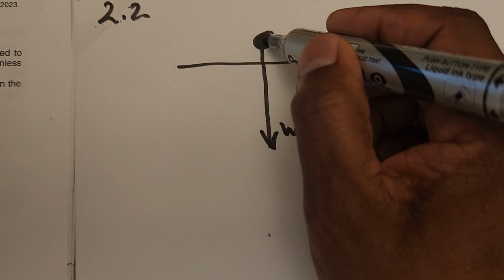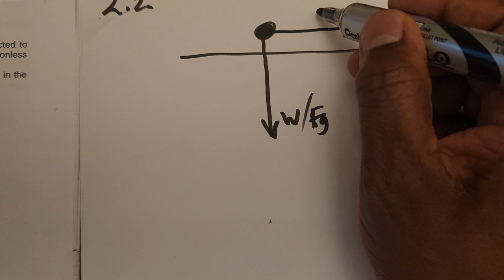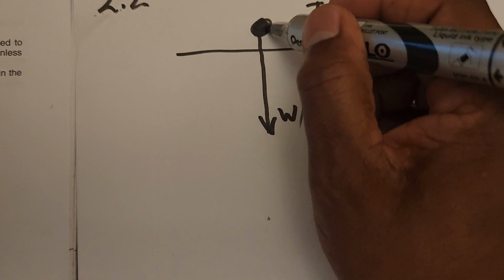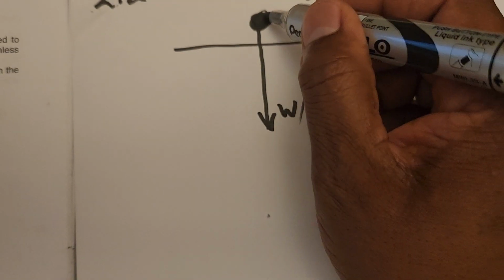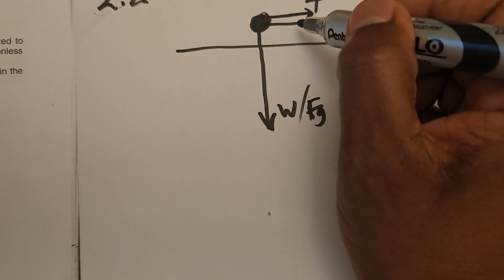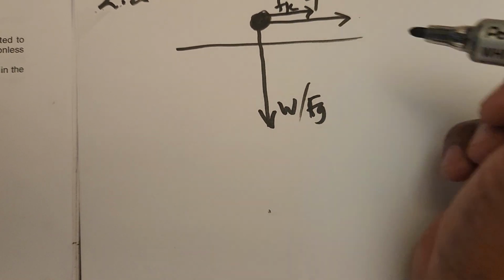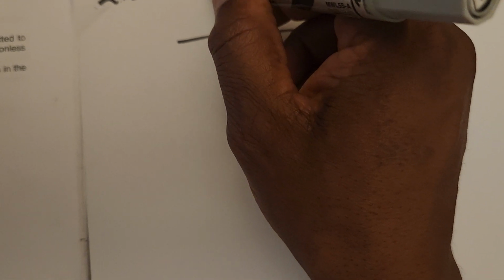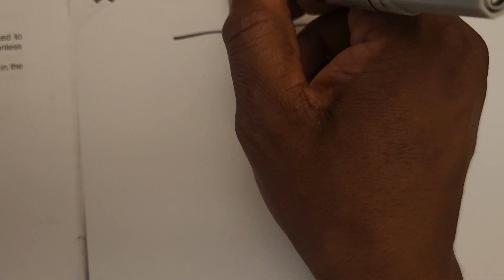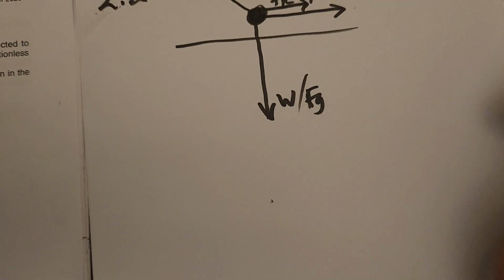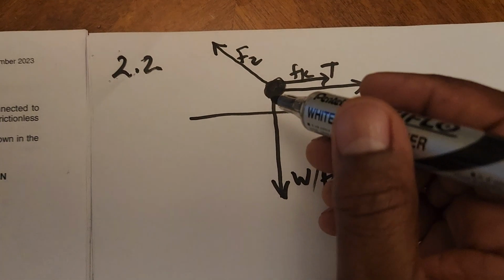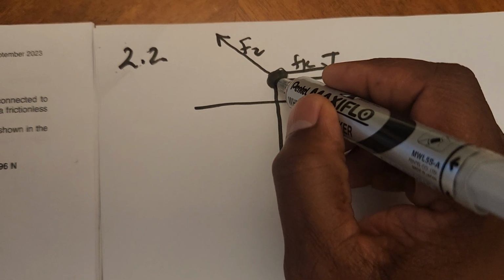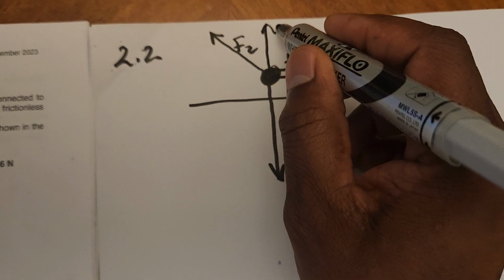There's a rope, then this will be the tension. Again, the system is moving to the left, then there will also be friction. Friction will be this as well. And then the other one is given. We are given F2, or you can write 75 Newton. And then there's a normal force.